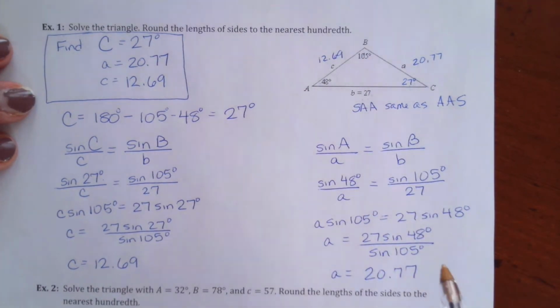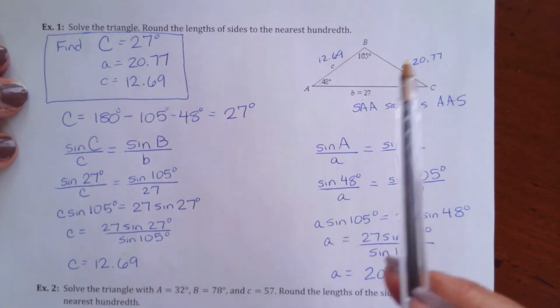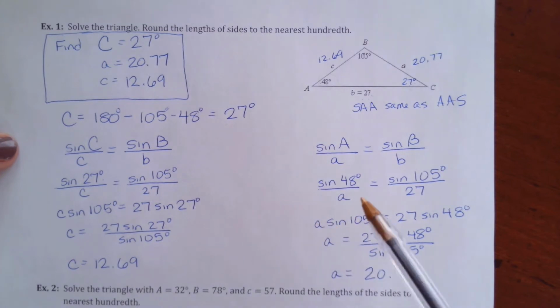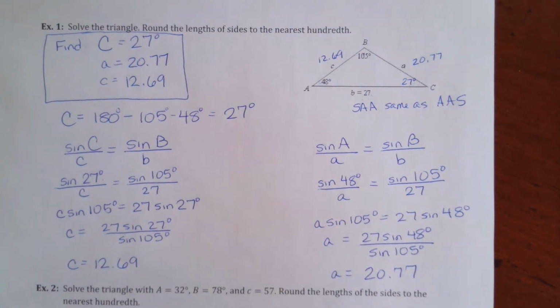So even though you can't check for 100% accuracy, at least getting numbers that are in the right order tells you you were on the right track and you probably did it correctly. Okay? All right, so that's the basic one.